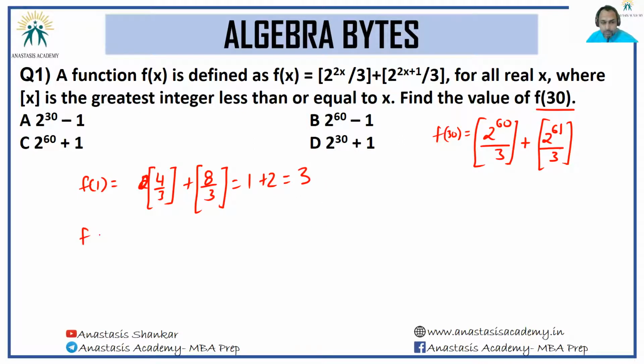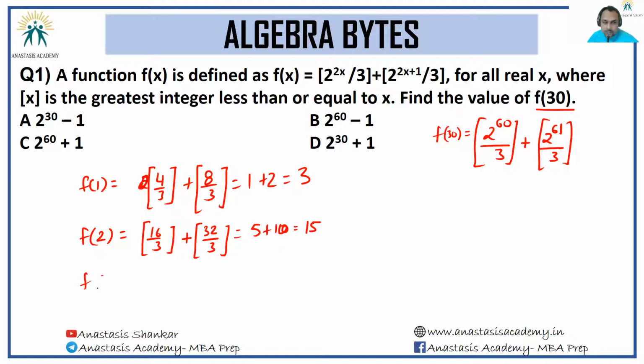Okay, let me put down f(2). f(2) would be equal to 2 raised to the power 4 by 3, so 16 by 3, plus 32 by 3. So 5 plus 10. It should be equal to 15.